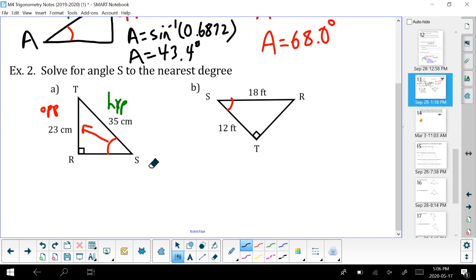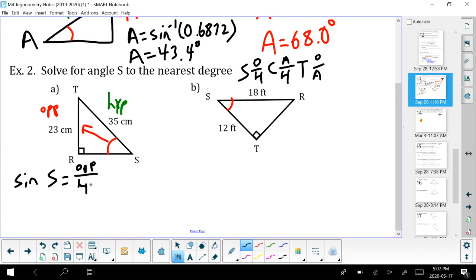Now, how do we know which ratio we're working with? We'll use SOHCAHTOA. We see here that we've got the opposite and the hypotenuse, so we need to use our sine ratio. So sine of angle S is equal to the opposite side over my hypotenuse.